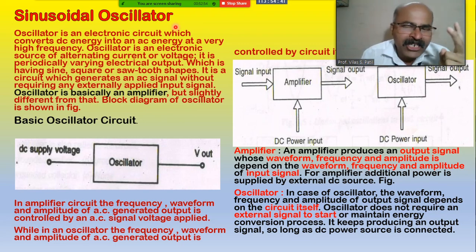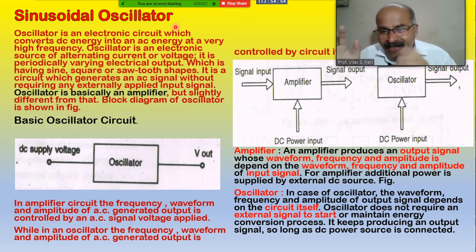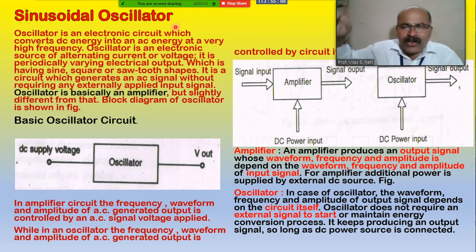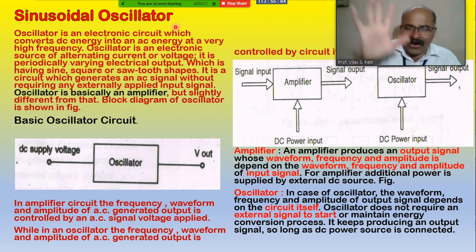म्हणजे दोन शब्द महत्वाचे आहेत. Sinusoidal is the circuit whose output is like the sine wave, such that whose amplitude and frequency is constant. Oscillator is the electronic circuit whose output is oscillatory, means whose output is like the sine wave.